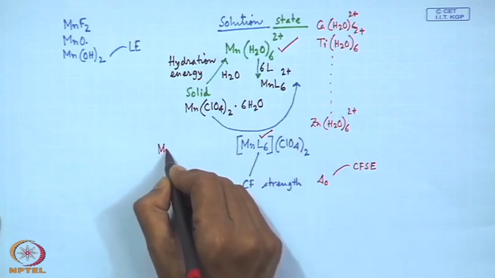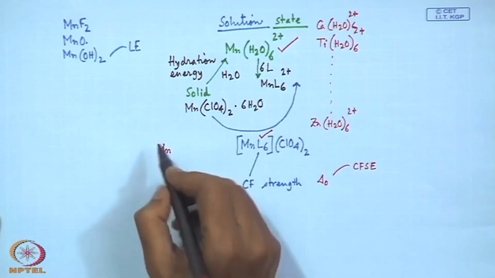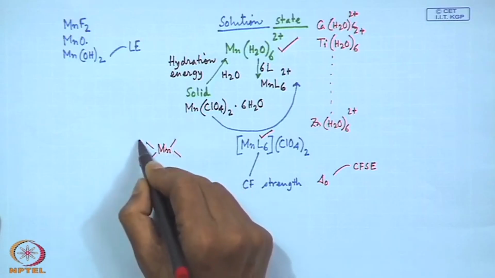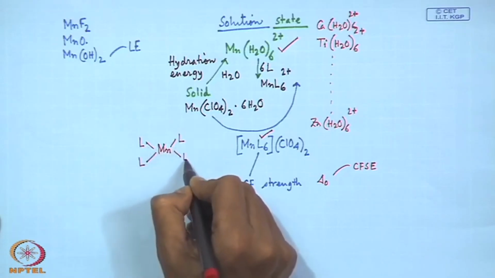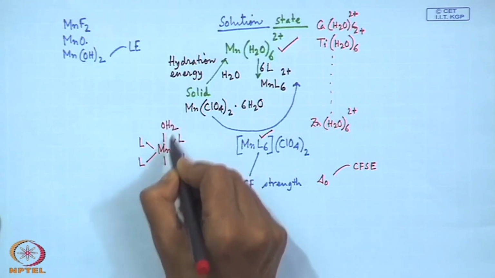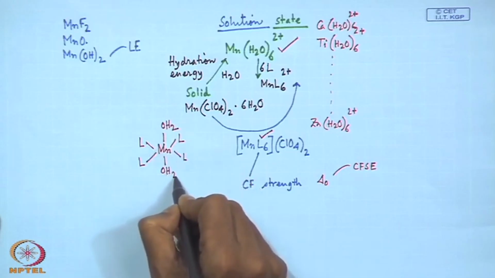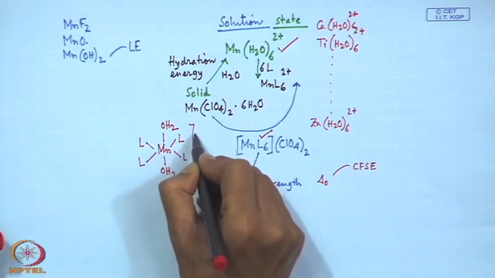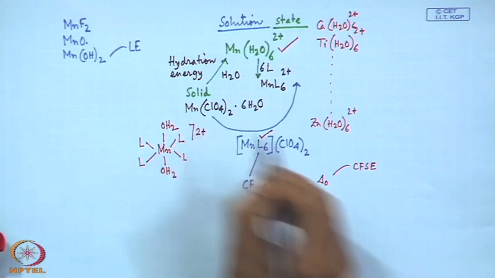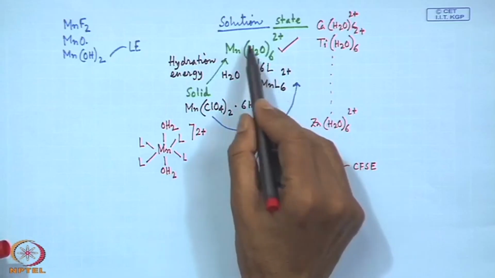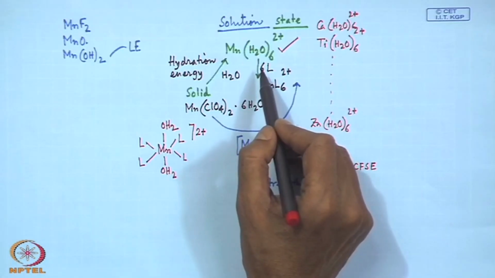Instead, we can have certain species where we substitute 4 of these water molecules by L, but 2 water molecules are still remaining there. These are the other possibilities for stepwise removal of water molecules by 6 L groups one after another. That is why we get different values of the stability constant.